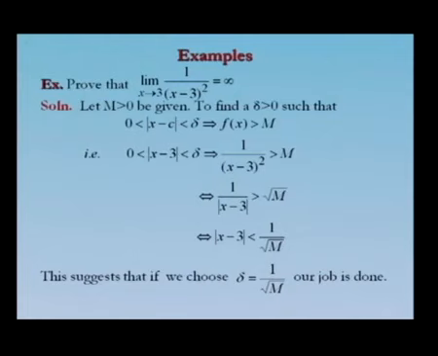Now we substitute the value of c and f(x) here, we get 0 < |x - 3| < delta implies 1 upon (x - 3) whole square is greater than m, and this can happen only if 1 upon |x - 3| is greater than square root m, which is true if and only if |x - 3| is less than 1 upon square root m.